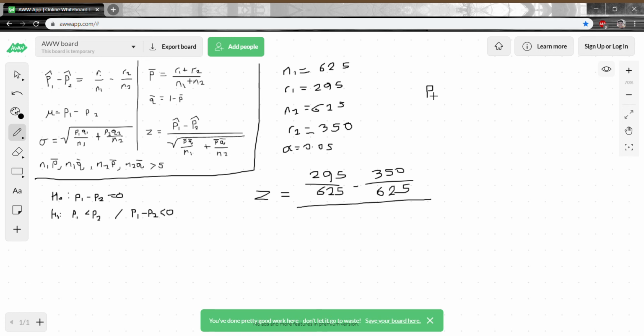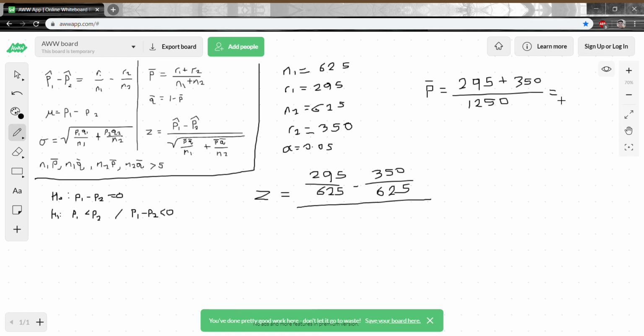Okay. So for P bar, we're going to use this equation over here to calculate it. R1 is 295 plus R2, which is 350, and dividing that by our total sample size, that was 1250. We were told that in the beginning.